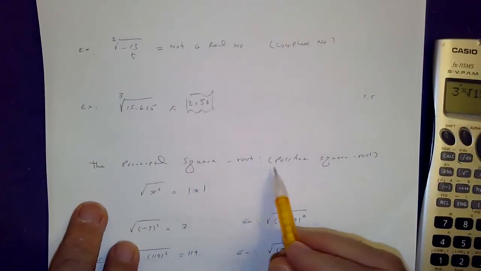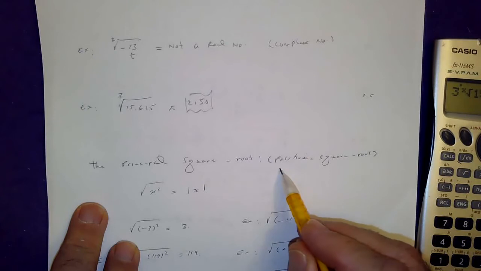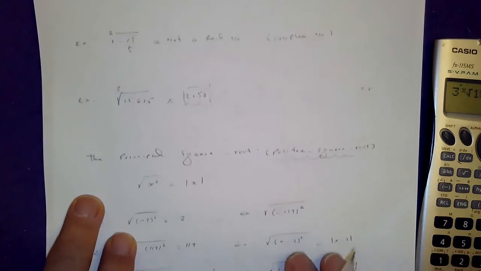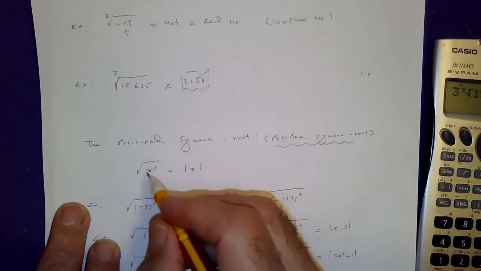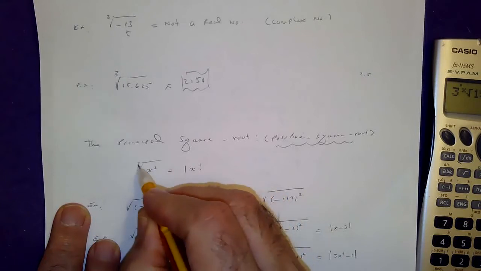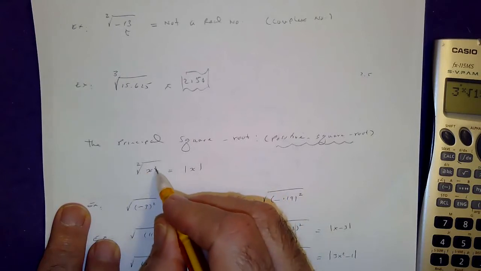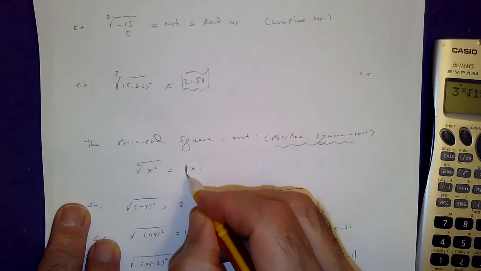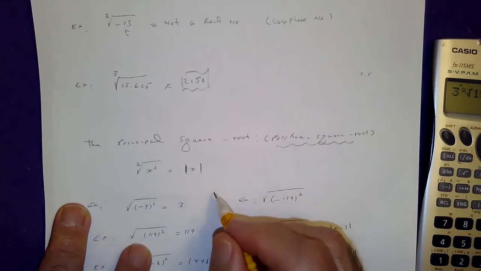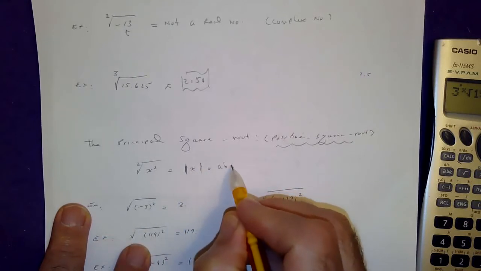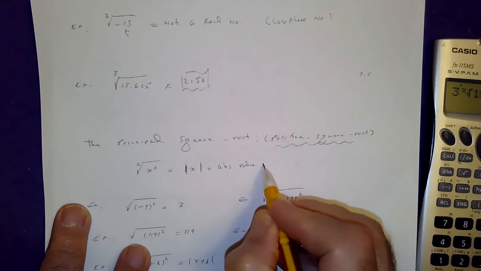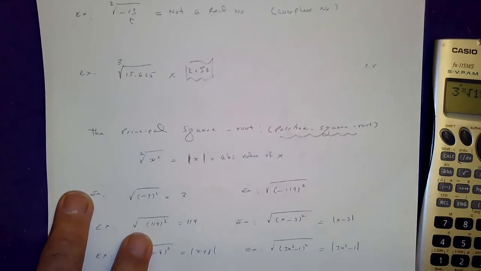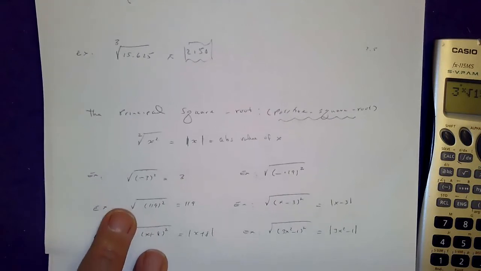The principle of square root, which is also known as the positive square root, is like this. If you take the square root of a square of a number, the answer always has to come up positive. So this reads absolute value of x. Okay, what does that mean?